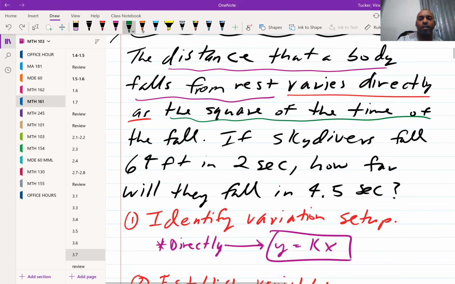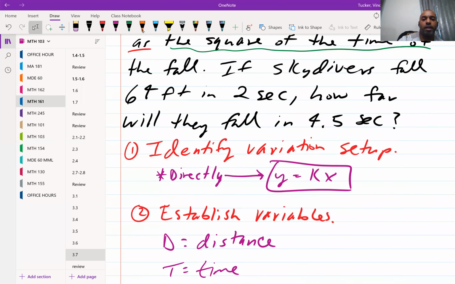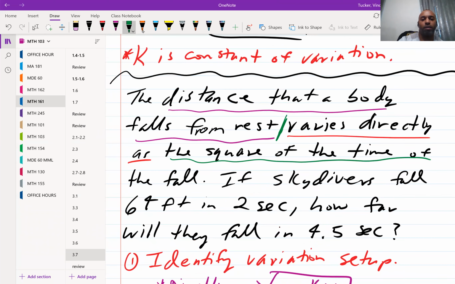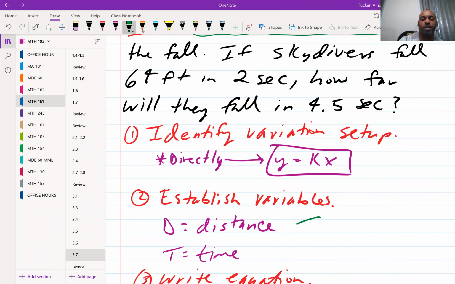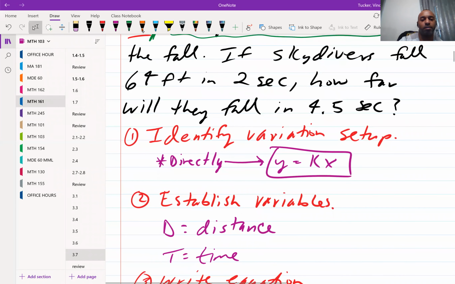So notice what's in front of varies is your Y. That was the distance that a ball falls from rest, so I call that D for distance. And what comes after your phrase is that X, the square of the time of the fall, so I call it T for time.